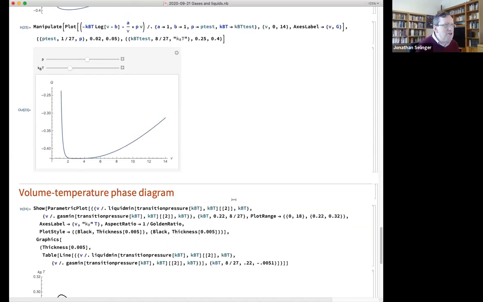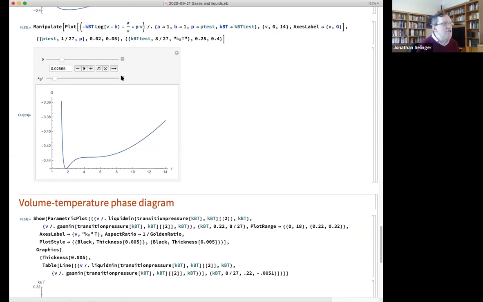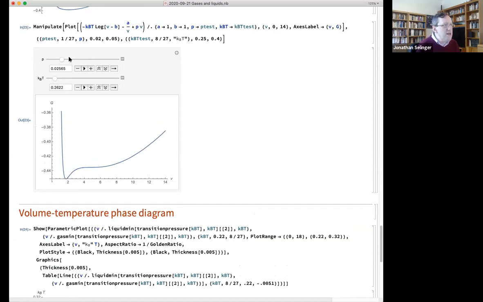So here, I'll go back to my Gibbs free energy plot. Here's a Gibbs free energy plot, and I have these sliders to adjust pressure and temperature, same as we did on Monday.